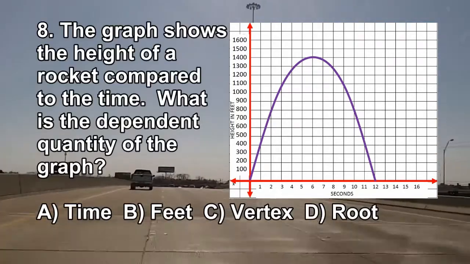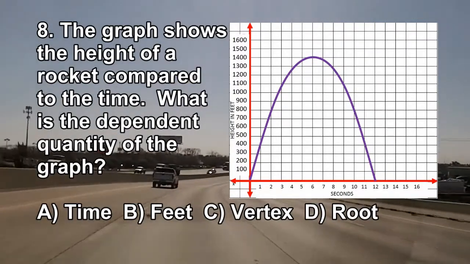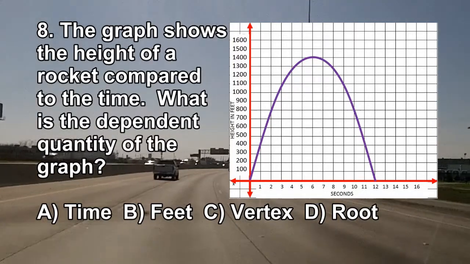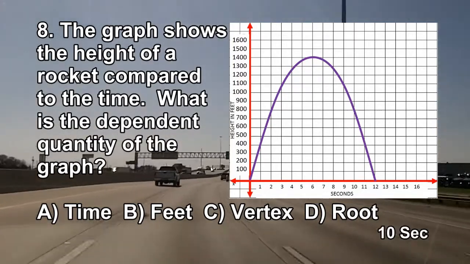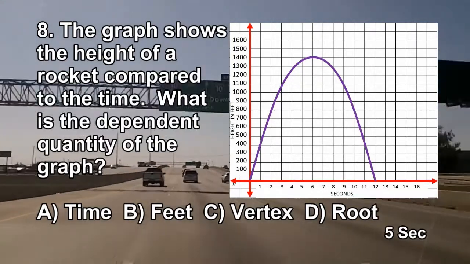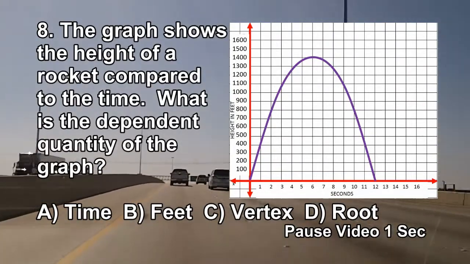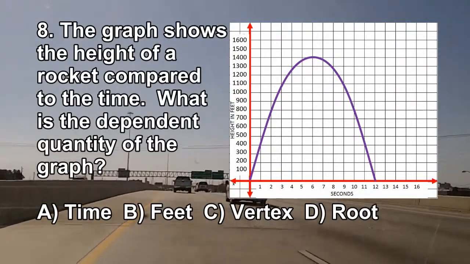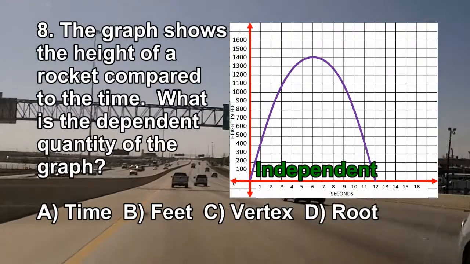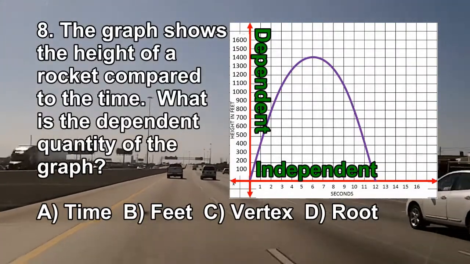And using the same graph once again, what would the dependent quantity of the graph be? Would it be time, feet, the vertex, or the root? To get this answer, we need to remember that the x-axis represents the independent quantity, while the y-axis represents the dependent quantity.